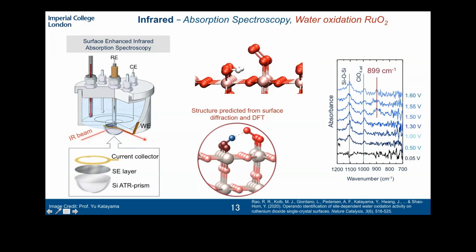And here's a representative spectra where we increase the potential, and at 1.5 volts and beyond, we see this vibrational mode, which we can assign as we'd expect using surface diffraction, and that confirms the mechanism that we were proposing for this material here.